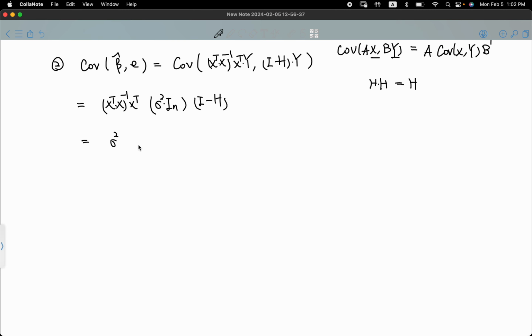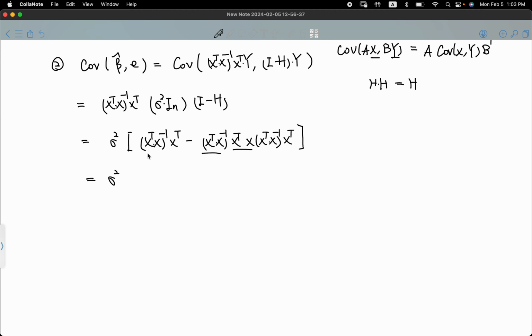Sigma square in the front as a scalar, then X transpose X inverse X transpose multiplied by identity minus X transpose X inverse X transpose. Here we write the H matrix explicitly. Two copies of that cancel out.